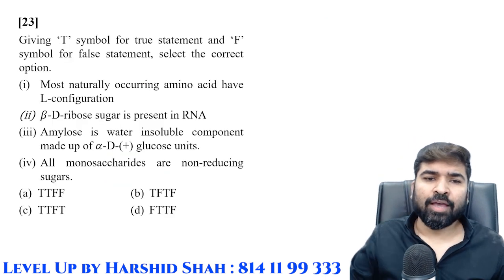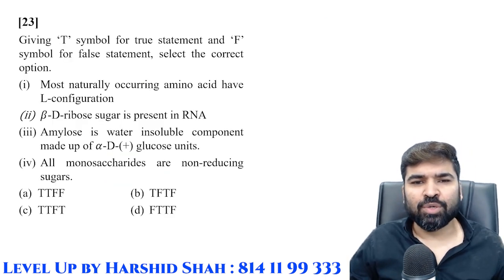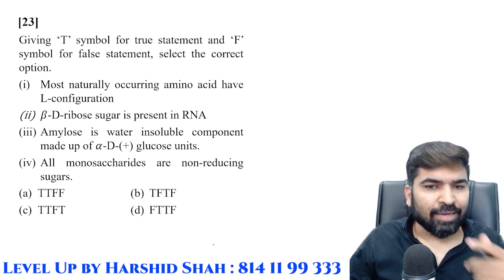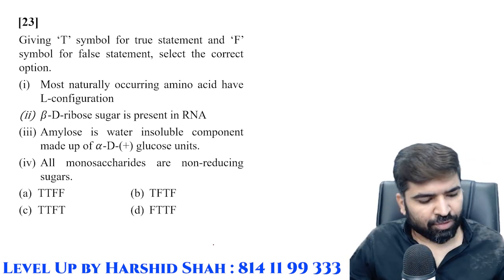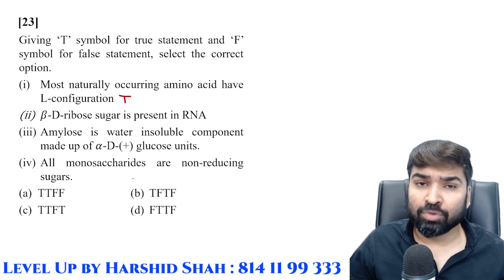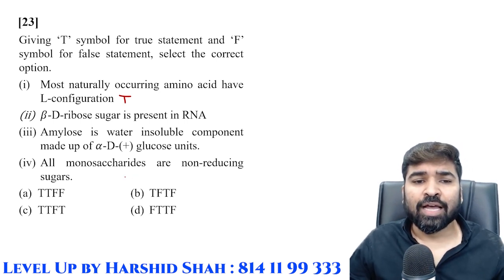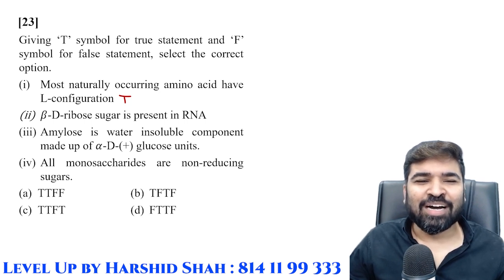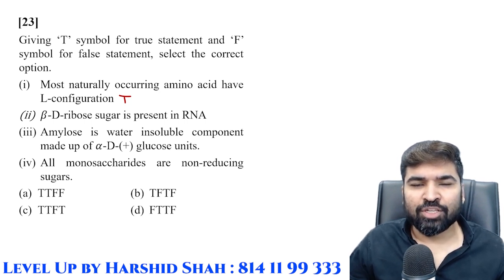Okay, let's give T symbol for true and F for false statement. Select the correct one. Most naturally occurring amino acids have L configuration. That is definitely true. Most ones, right, we are talking about. Glycine will not be optically active. Beta-D-ribose sugar is present in RNA. That again is true.